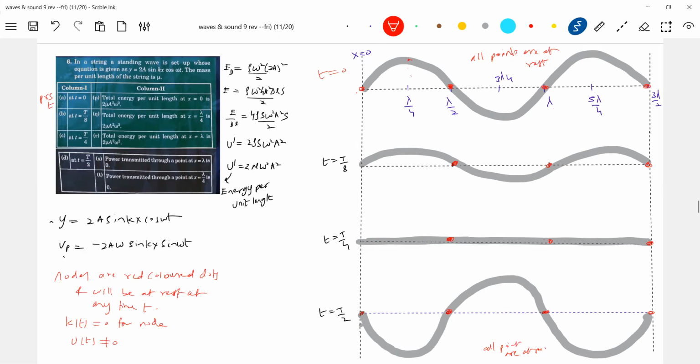So this is the point x equal to 0. Now again, come for this. What about energy at this particular point? Here it's the maximum energy, no? Here, if you want, I'll indicate here.